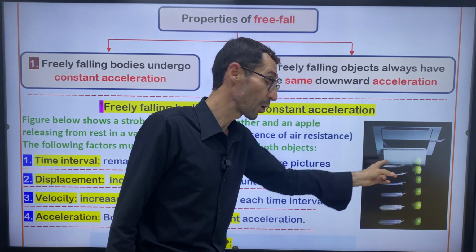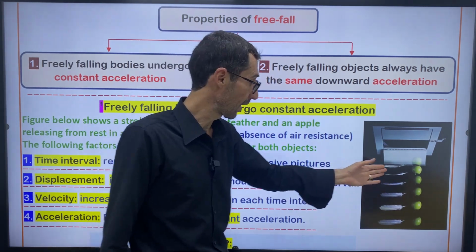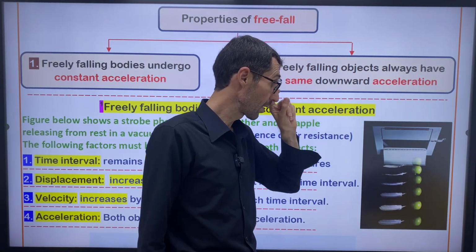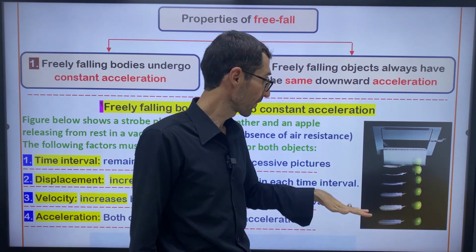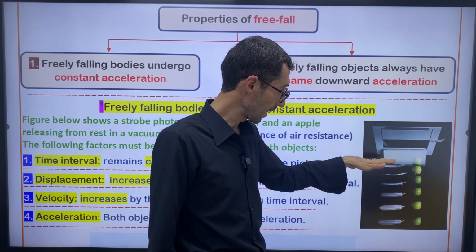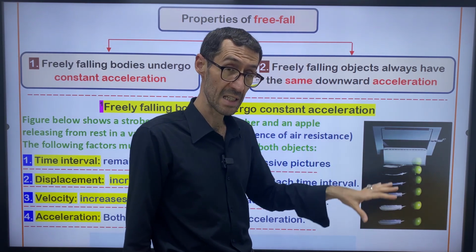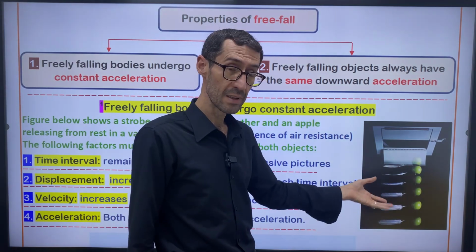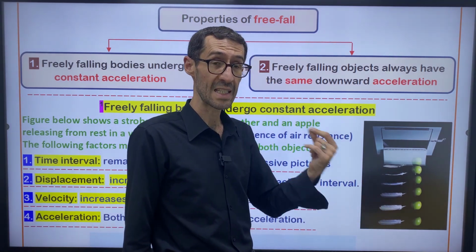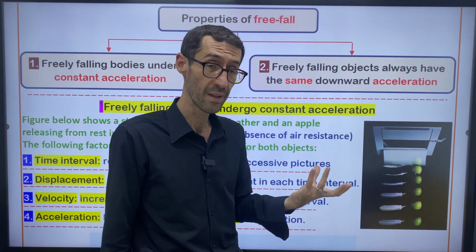Whenever you take a look at these objects, you see that the objects, regardless of their masses, move down side by side. So they travel the same displacement, they have the same velocity, they pick up the same acceleration, which is the acceleration due to gravity of Earth.